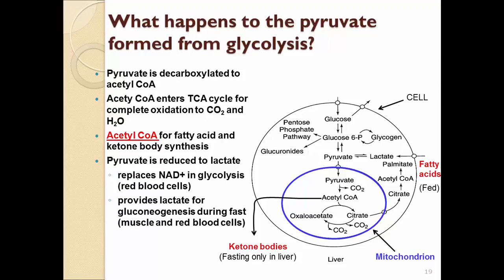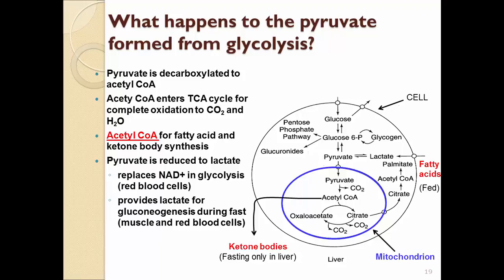If it is in the liver, then the acetyl-CoA is condensed together with oxaloacetate to citrate, and citrate leaves the TCA cycle and goes back to the cytosol. We talked about lipogenesis, remember? For fatty acid synthesis or lipogenesis pathways.